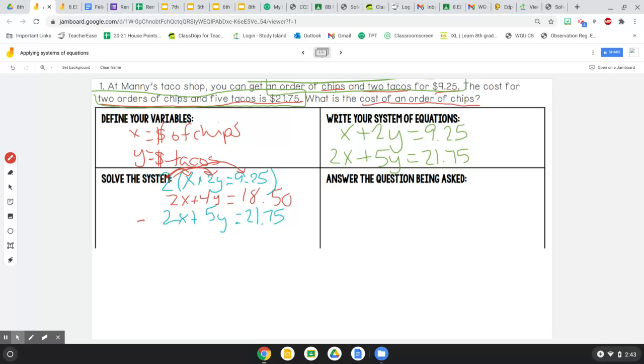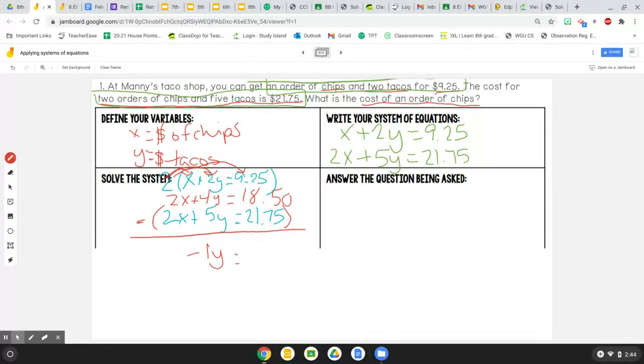So I'm going to subtract the second equation. 2X minus 2X gives me nothing, so I'm not going to put anything down there. But then 4Y minus 5Y gives me a negative 1Y. I like to put the 1 if it's negative, just so I know that Y is not by itself yet.